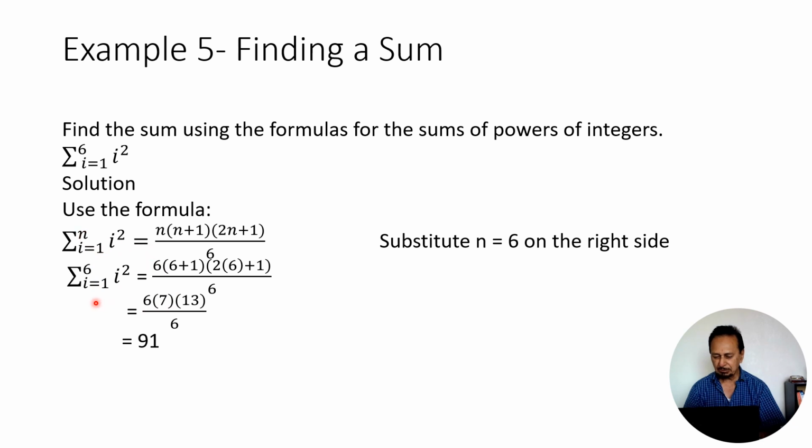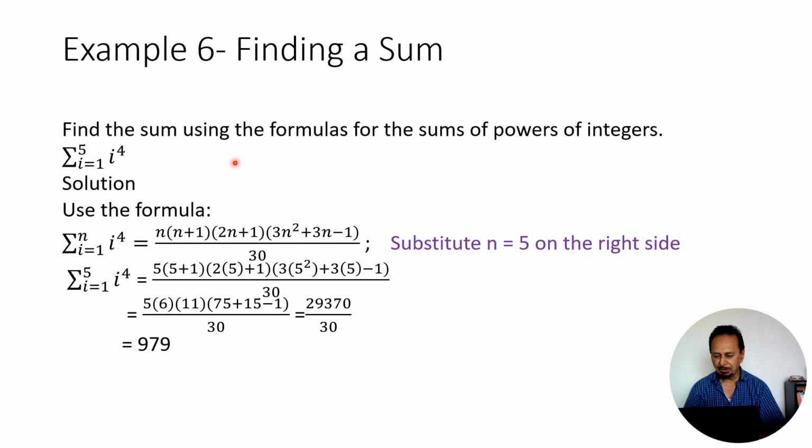So this becomes 6 times (6 plus 1) times (2 times 6 plus 1), over 6. Well, 6 plus 1 is 7. Then 2 times 6 is 12, plus 1 is 13. And divide by 6, so the 6 cancels. 13 times 7 is 91.